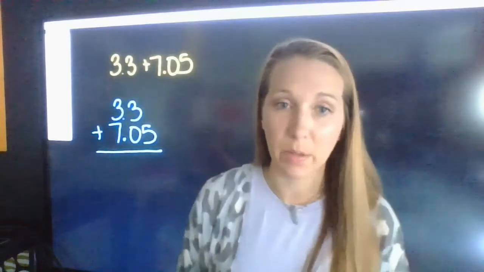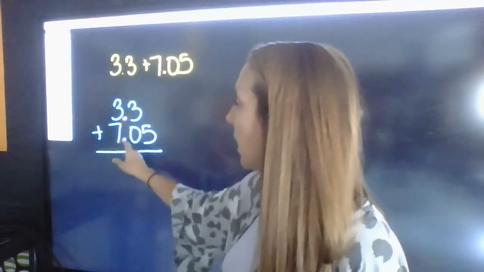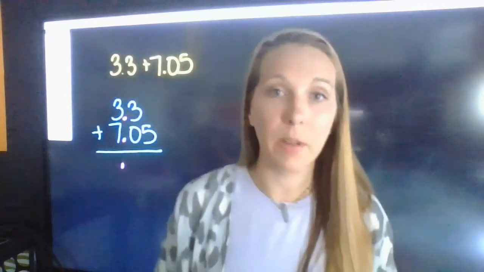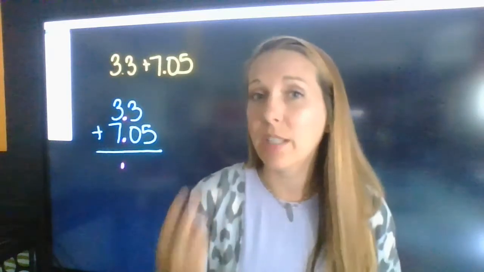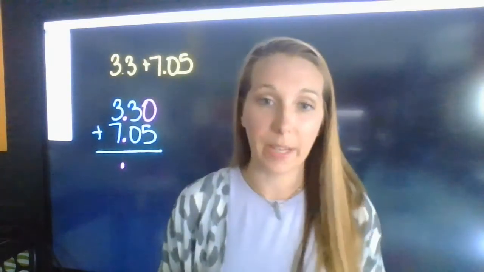Same idea when we are talking about adding decimals. Make sure that your decimals are lined up. So we have our decimals lined up right here. Now, if you notice, our top number in this problem, our first number, only has 2 digits, and our second number, our bottom number, has 3. In this case, we still have to keep our place values in order. We're going to put a 0 above the 5 to hold that place value.